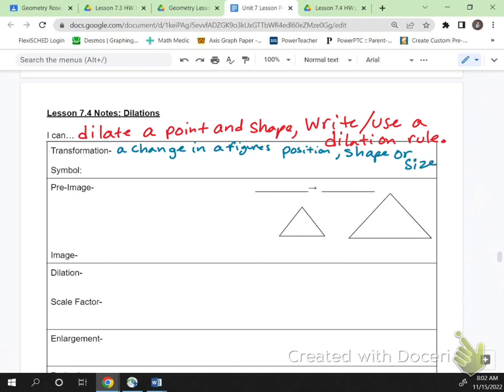So a transformation, which we just listed the 4 transformations, it's a change in a figure's position, shape, or size. The symbol we use to represent that is an arrow. So an arrow is saying it's changed from this to this. Again, some of this is review. The pre-image is what? How would you describe the pre-image? The original shape or point.